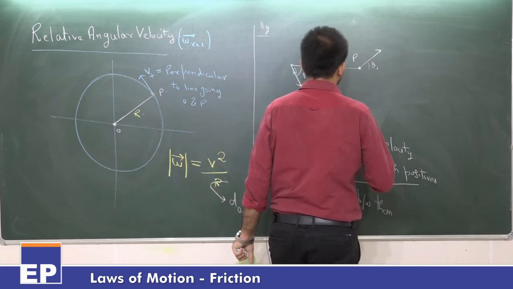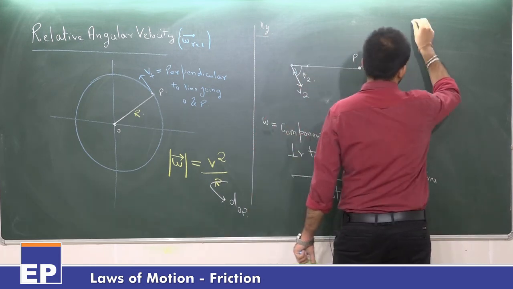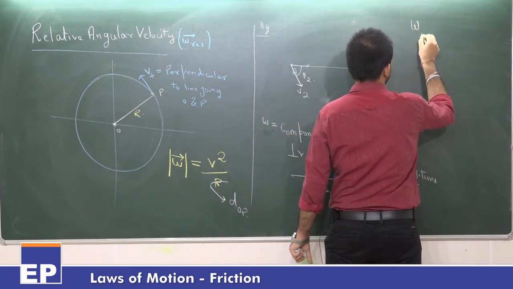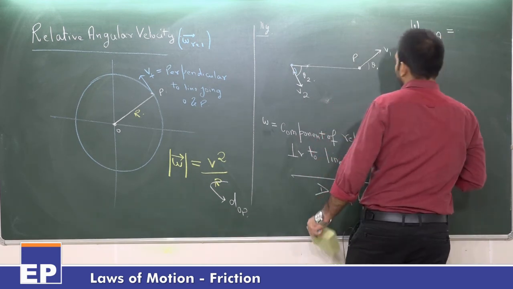What do we have to find? It is the angular velocity of P with respect to A.